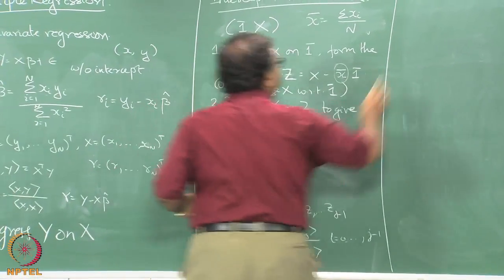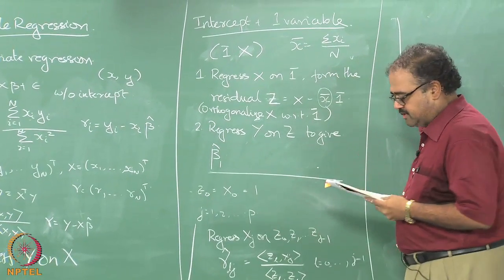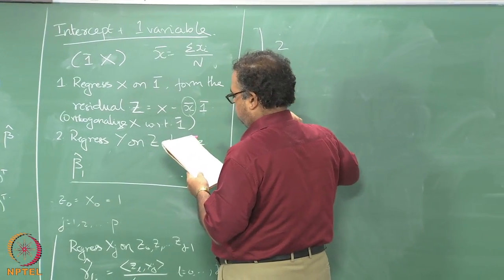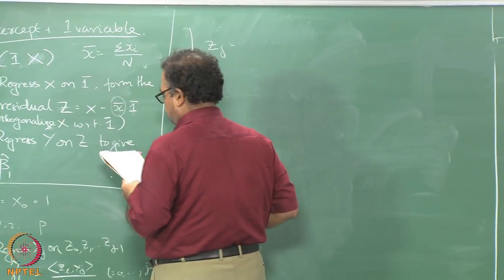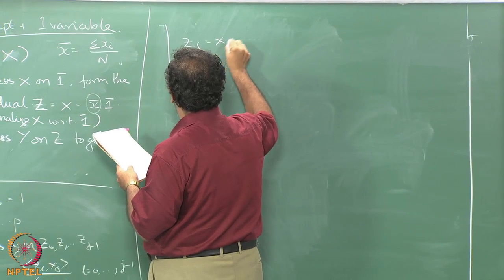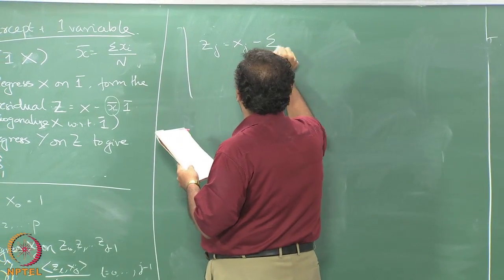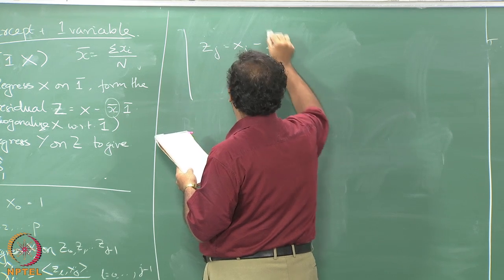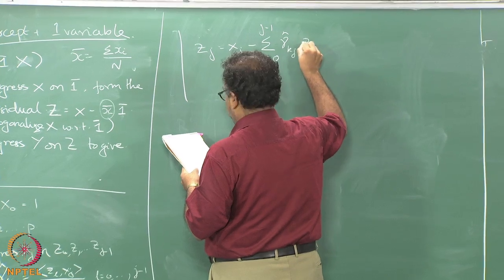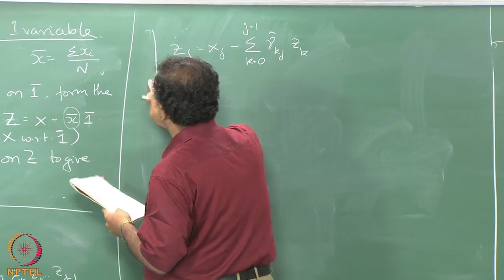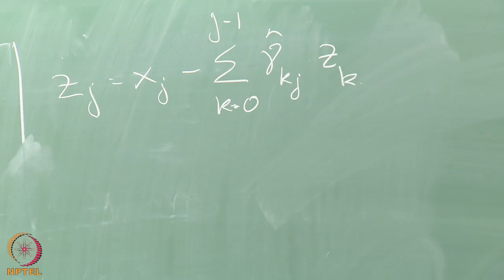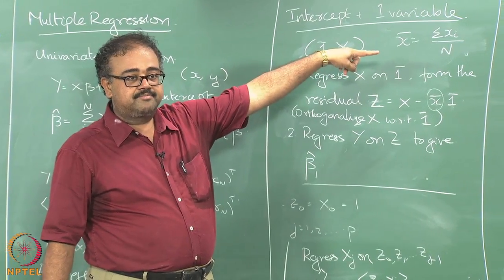So I am still continuing the loop here, okay. So that loop runs for j equals 1 to p. So for every j, that is how I derive my zj, okay.